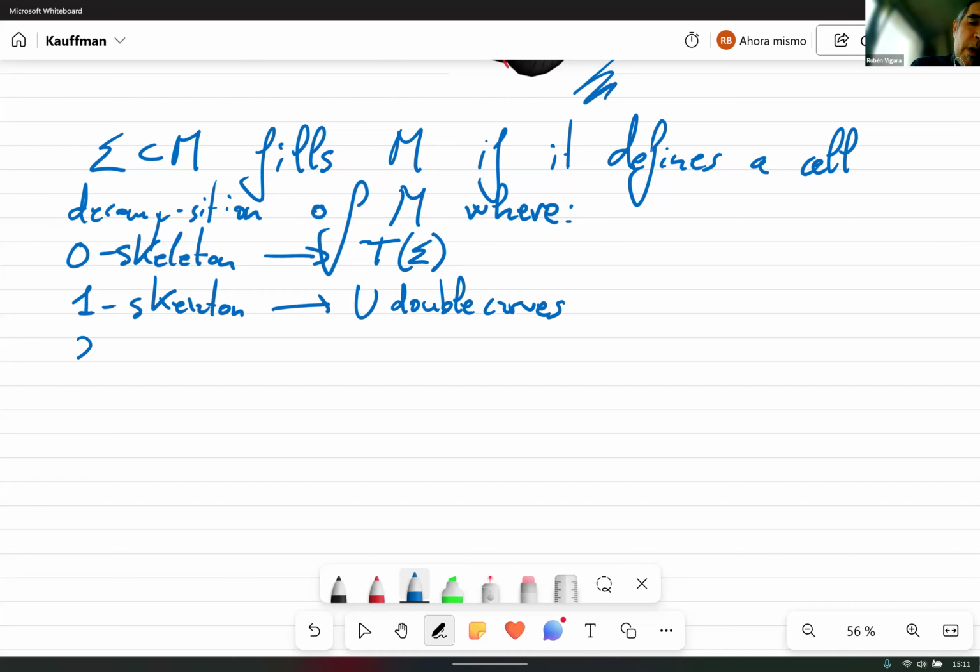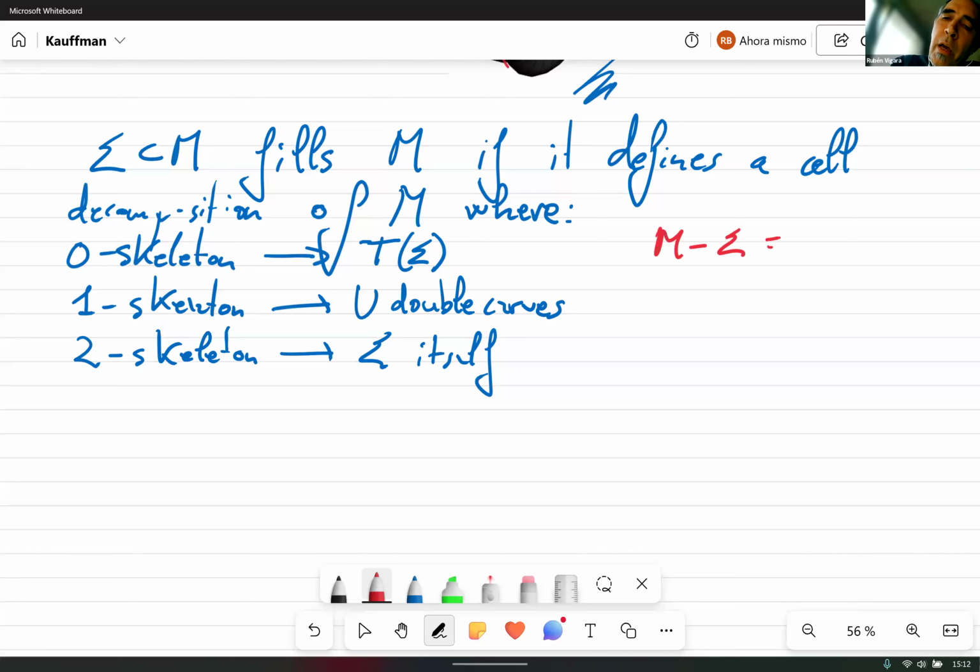And the two skeleton is the surface sigma itself. So for sigma to fill the three-manifold is equivalent to saying that if we take M and remove sigma, we obtain a union of three balls.